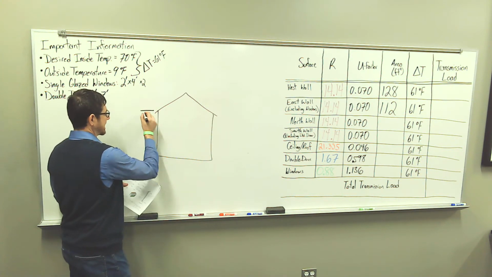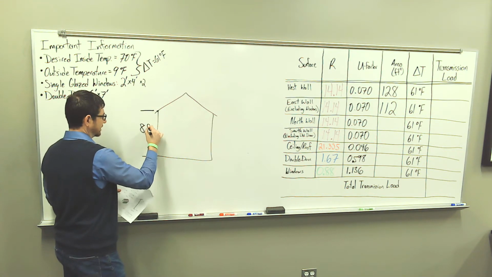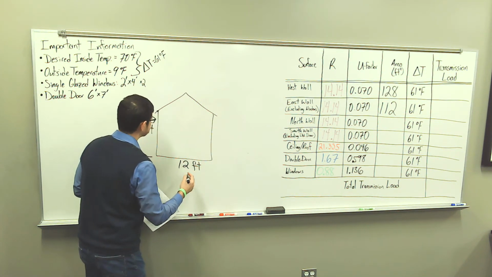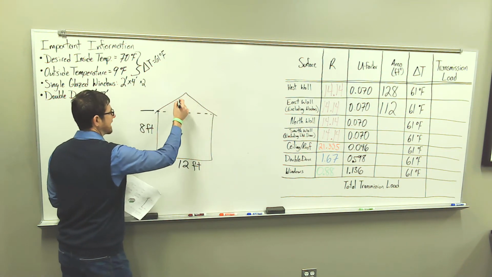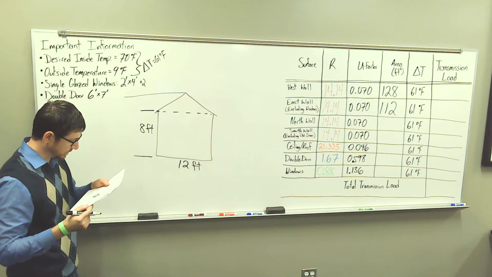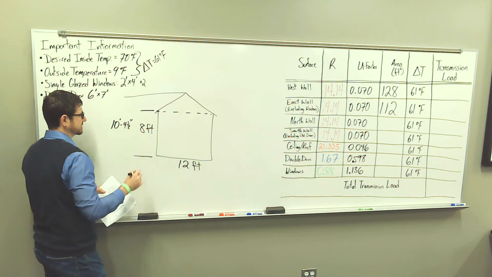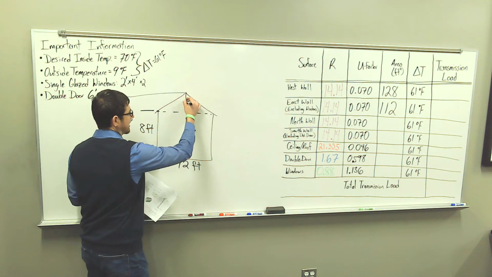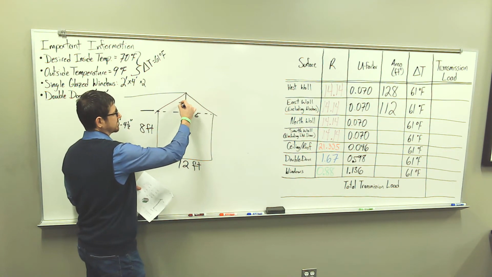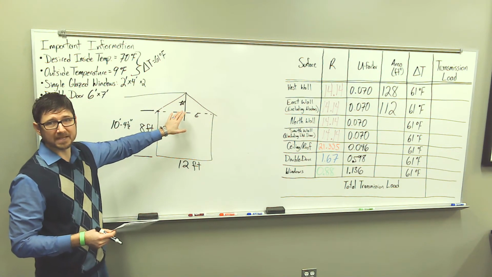Okay, so it tells us that up to the roof line here is 8 foot, and then this is 12 foot, but we still have this business on top here. So the overall height of the roof is 10 foot 4 1/2 inches. Okay, so we know that this right here is 6 foot, and we need this dimension here. Okay, we know that we have a triangle up here. The area is going to be 1/2 base times height.